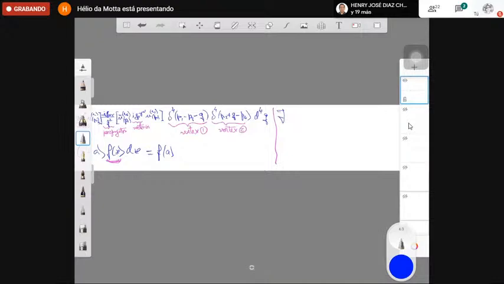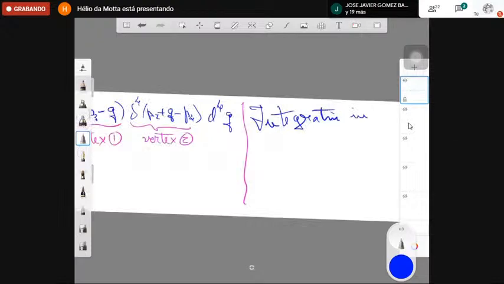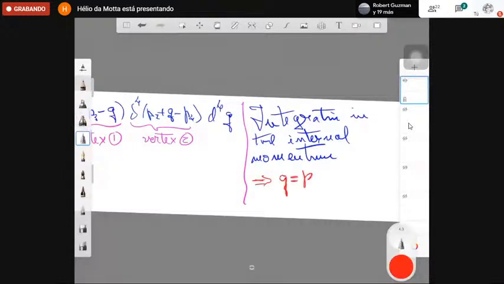Integrate. So this will be, that means, in our case in here, Q equal to P1 minus P3. Okay? Here.